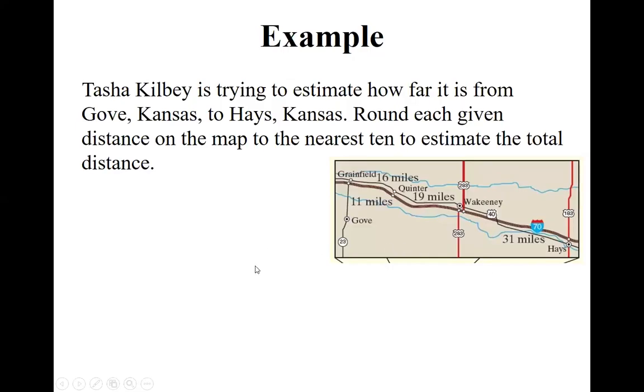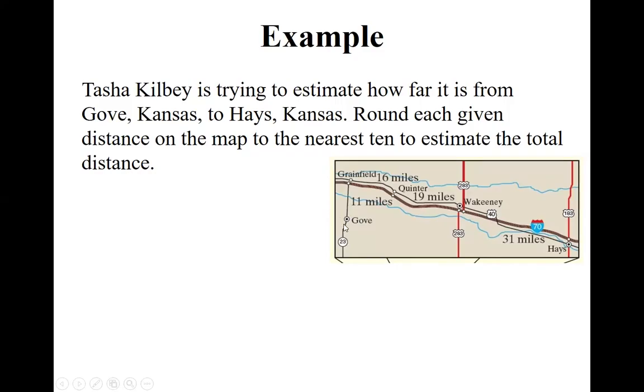Tasha Kilby is trying to estimate how far it is from Gove, Kansas to Hayes, Kansas. Round each given distance on the map to the nearest 10 to estimate the total. So we start in Gove. Maybe it's Govey.